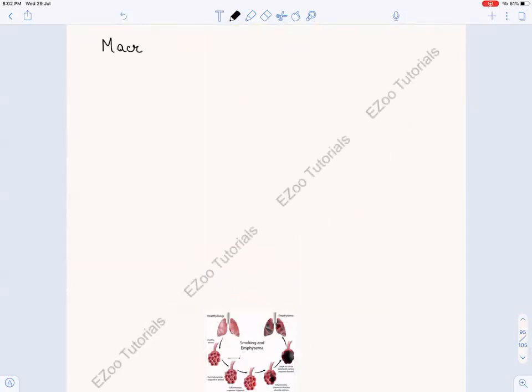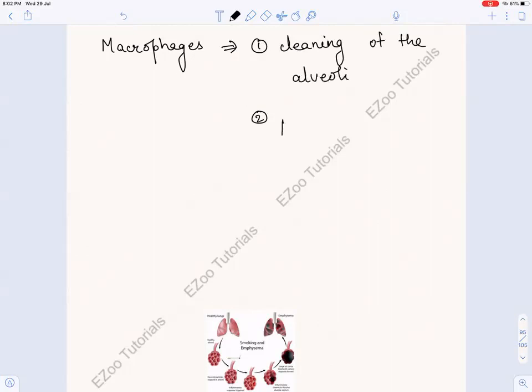What are these macrophages doing? Basically they do two things. First, they help in cleaning of the alveoli. And secondly, they are protecting against infection. So these two things macrophages are doing: protecting against infections and cleaning the alveoli.